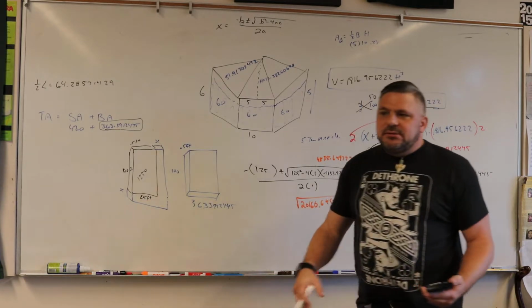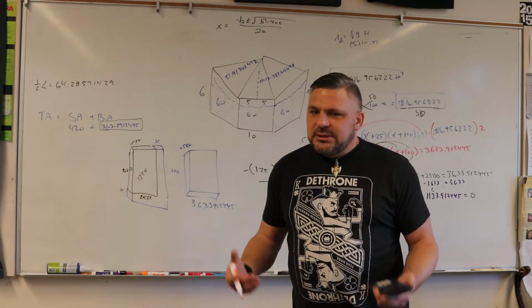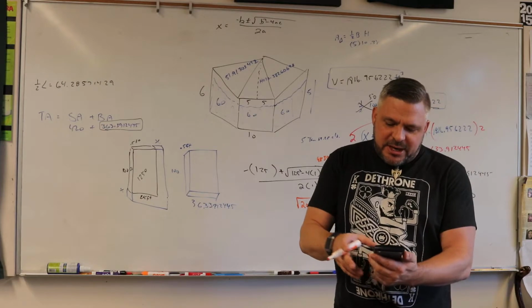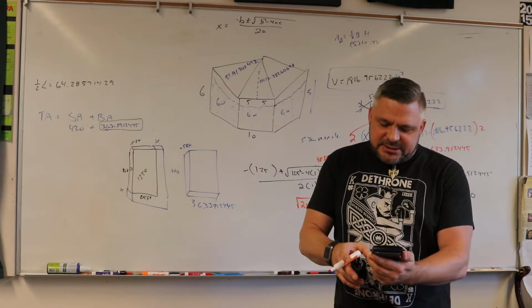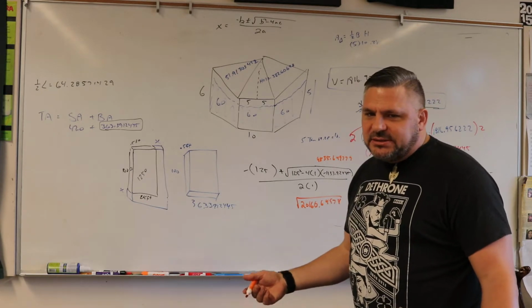So now I've got this big, huge number that's in this square root, right? 20160.64978. Well, what am I going to do with that? Take the square root of it, right? So I'm going to hit second squared, second answer, and that gives me this square root. Does that make sense?